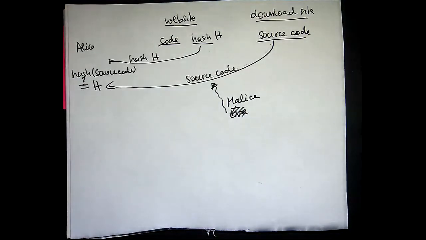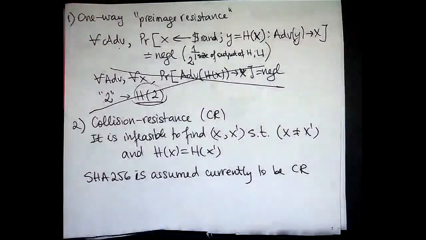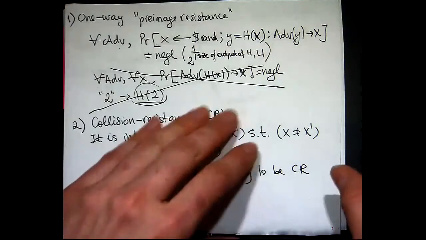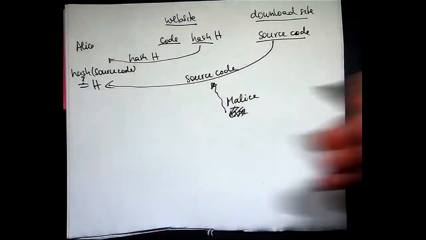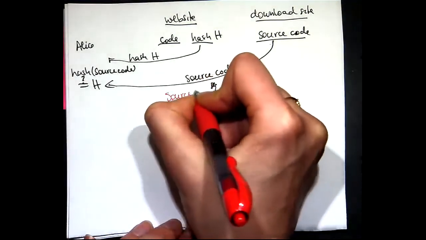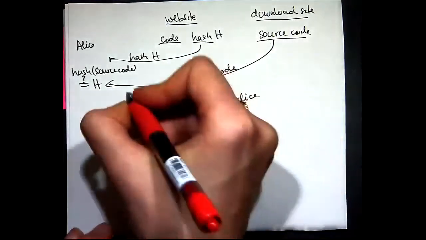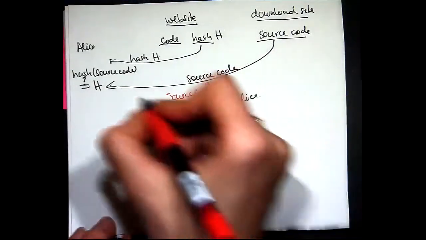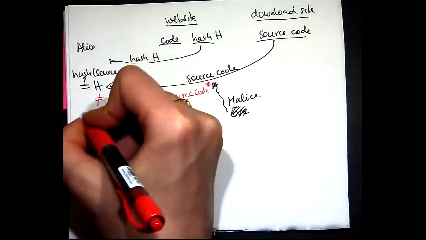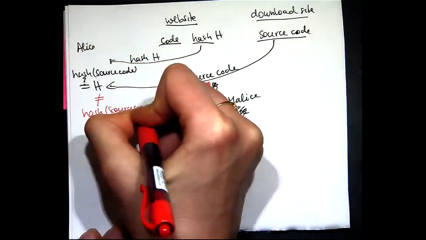So which of the two properties of the hash function is this relying on? One way or collision resistance? Collision, exactly. This relies on collision resistance, because if Malice was producing a source code prime that has issues, then its hash will be different from the hash of the actual source code by collision resistance.